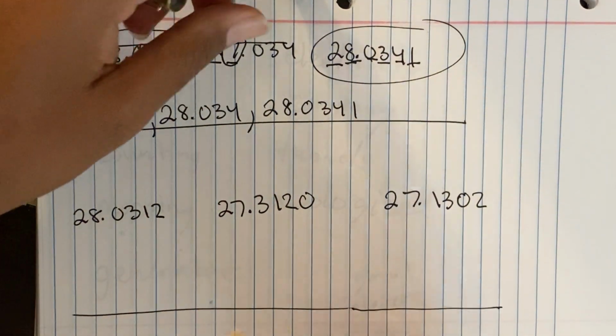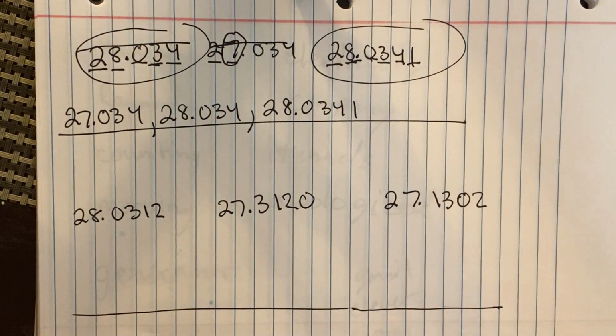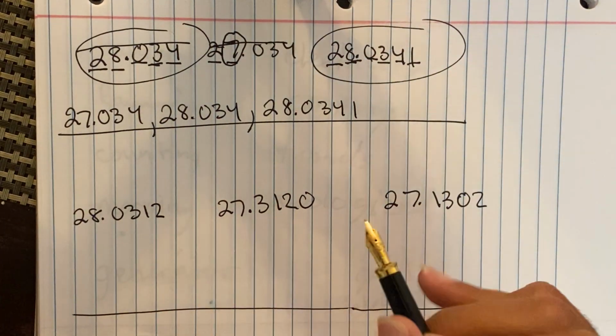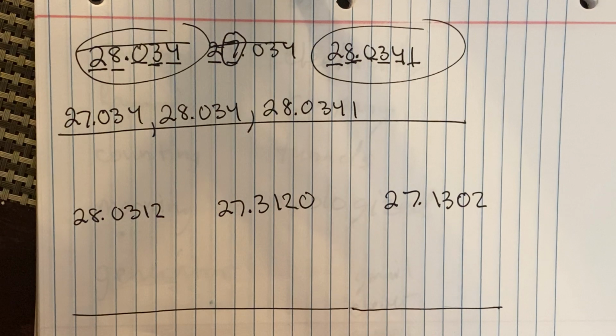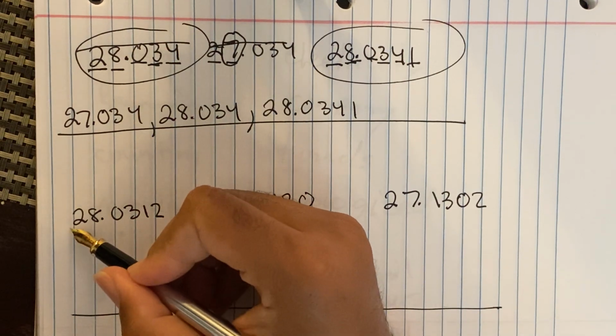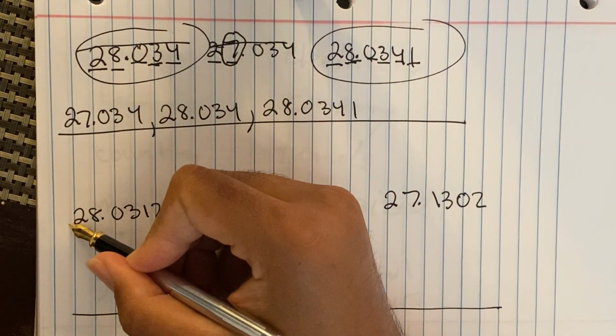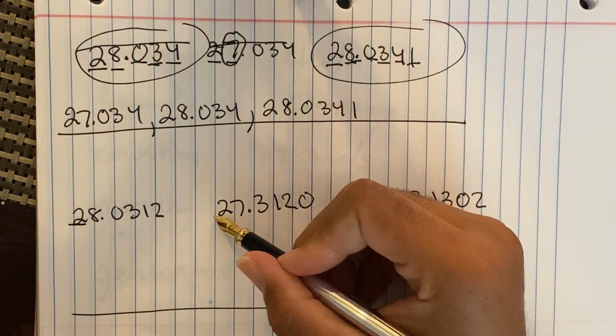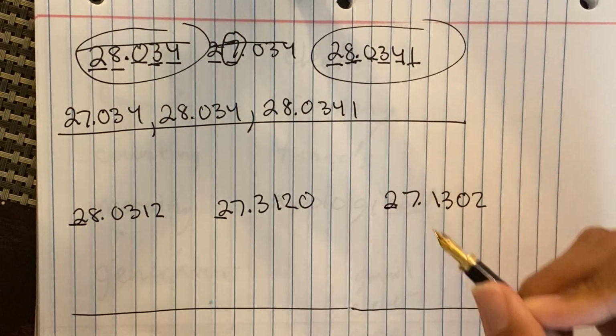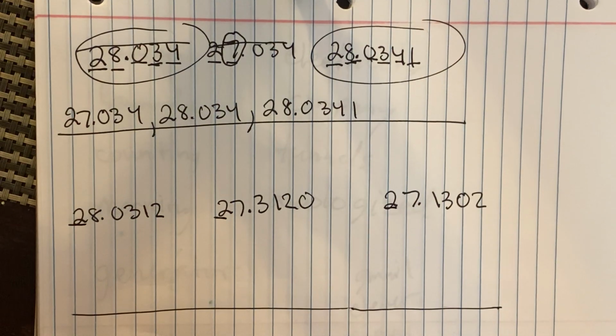Okay? Now let's go ahead and take a look at these numbers in the bottom. Again, we're going to do the same routine. We're going to check first with the number in the biggest place value, which in this case, again, is the 10th spot. We have a 2, a 2, and a 2. Those are the same numbers, so we don't know which one's the smallest one yet, do we?